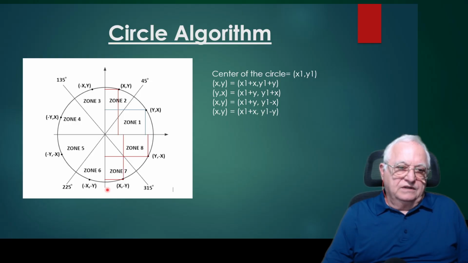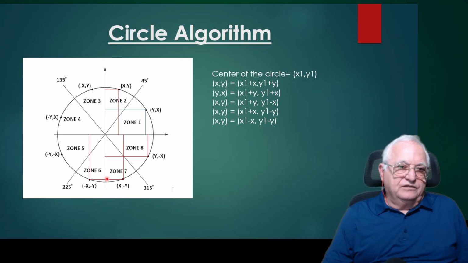Next, for this one, the x value is basically going to be x1 plus x, comma, and the y value is going to be y1 minus y. Let's draw this one here.